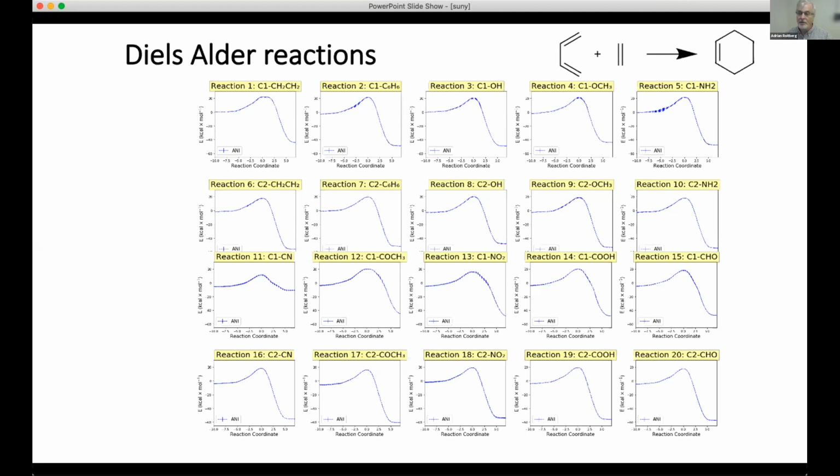With charges, the network that I presented doesn't know about charges, right? I didn't have time to show this, but what we've been doing is training to dipoles and quadrupoles, for instance, and then assigning local charges to the atoms that best fit those dipoles and quadrupoles.